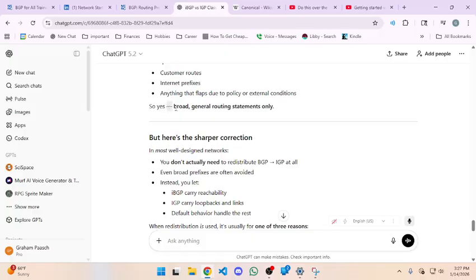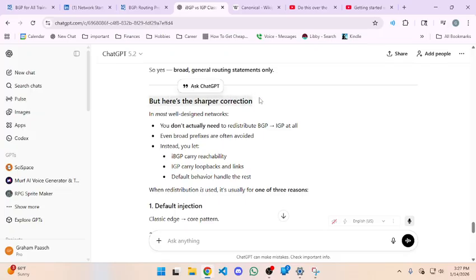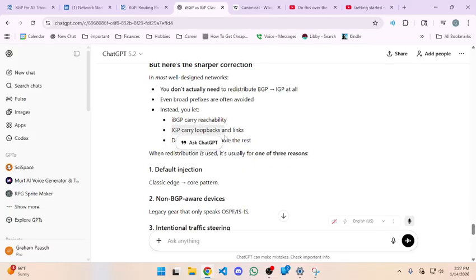So yes, broad general routing statements only. But here's the sharper correction: in most well-designed networks, you don't actually need to redistribute BGP into IGP at all. Even broad prefixes are often avoided. Instead, you let iBGP carry reachability, IGP carry loopbacks and links, and default behavior handle the rest.